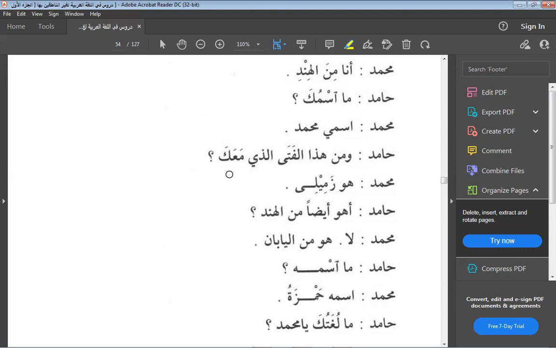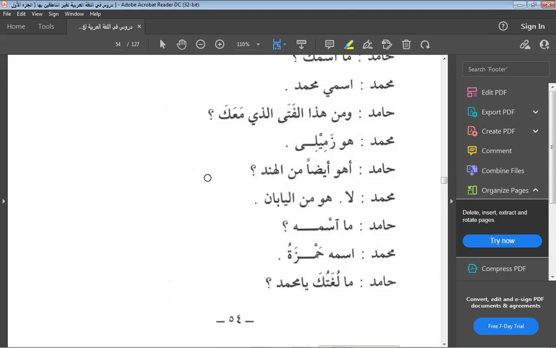هو زميلي. Zamil is colleague. Huwa zamili. If it is feminine, you say here zamilati. She's my colleague at the workplace or in the school, anywhere you can call the person zamil. Ahuwa aidan min al-Hind?